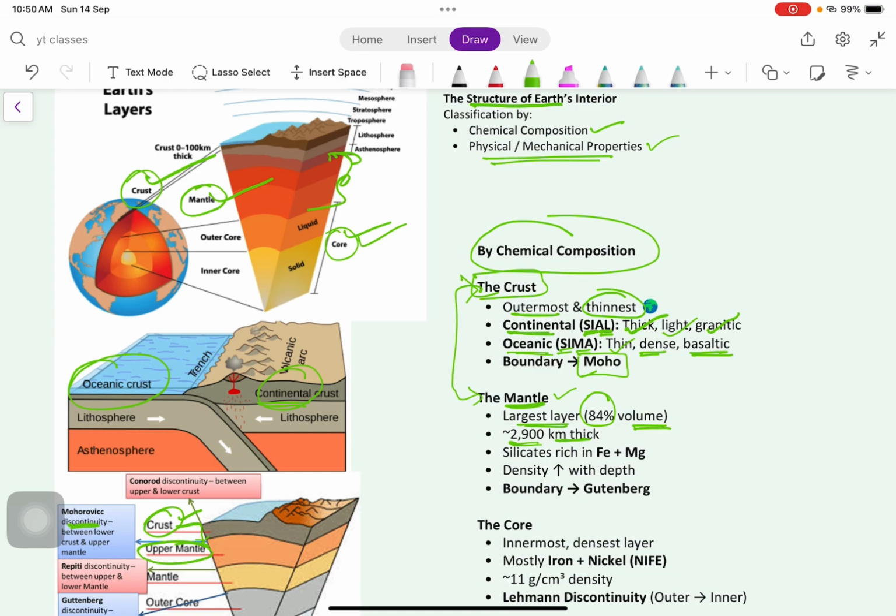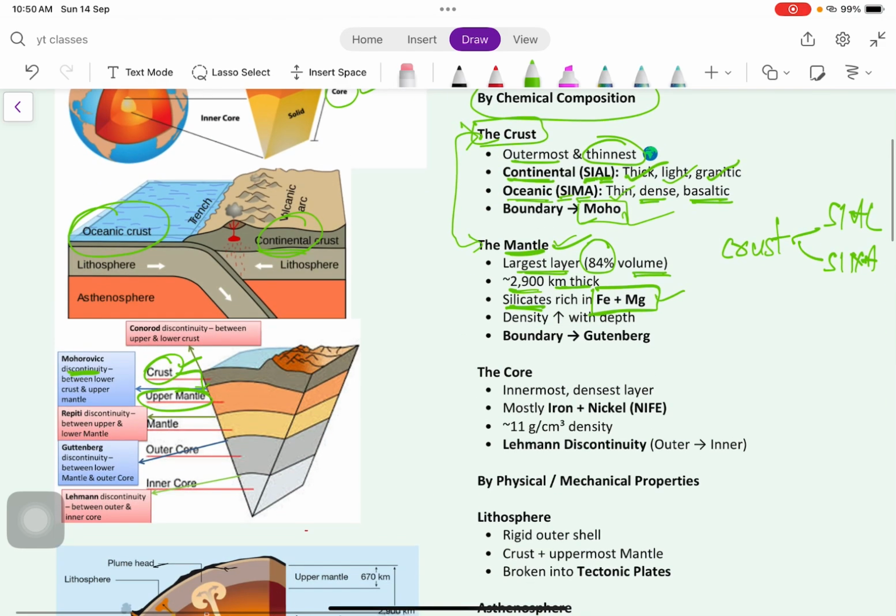The mantle is made up of silicates rich in iron and magnesium. The continental crust is made up of SIAL, and when we see the mantle we can see that it is made up of iron and magnesium. So here see the chemical composition of crust and mantle varies, right? The changes have started from the Mohorovicic discontinuity.